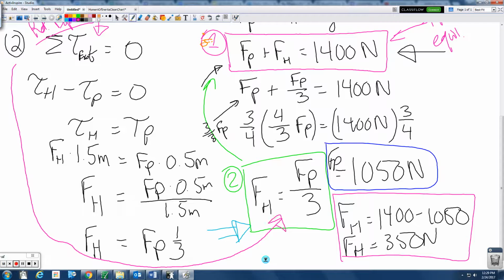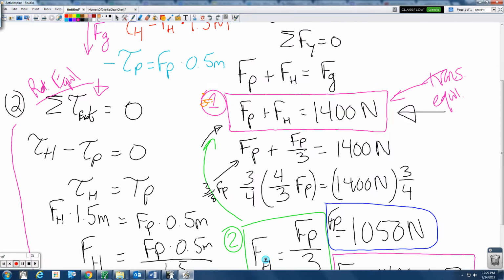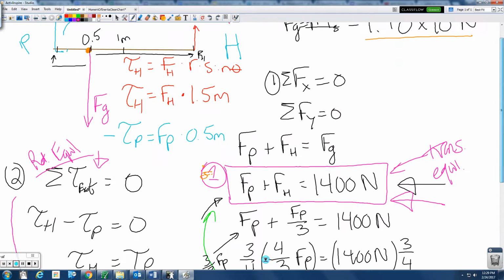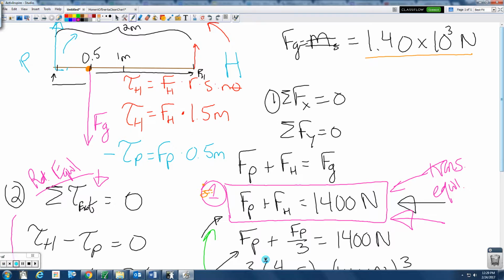We solved for one of the forces, the force of Henry, and we substituted that back into the translational equilibrium equation so we could figure out what the force of Paul was. 1050 newtons, and force of Henry 350. So here's 350 newtons up here, 1050 over here. That's one way we can do it.